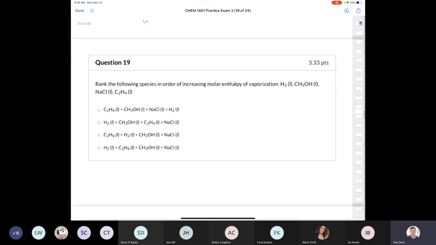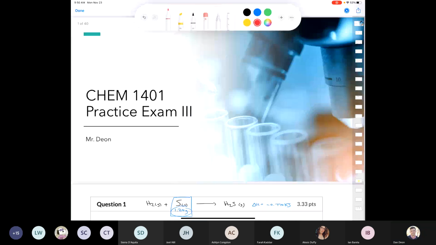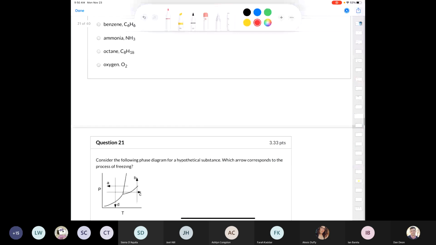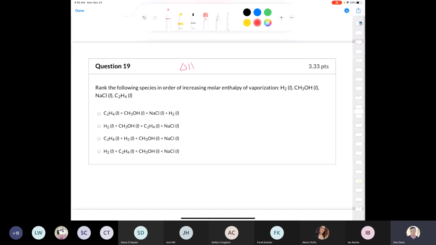Question number 19. Rank the following species in order of increasing molar enthalpy of vaporization. Remember that delta H of vaporization was in the units of kilojoules per mole.